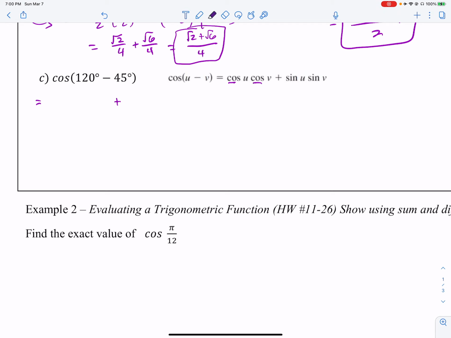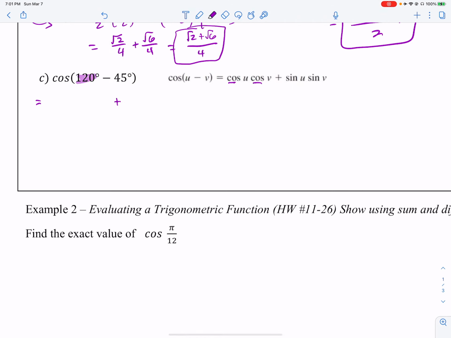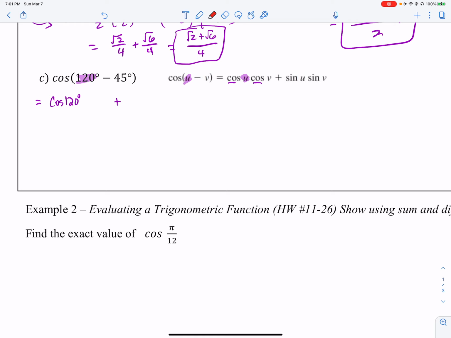And so it's going to be cosine of this first term, or cosine 120 degrees, and then times cosine of that second angle. When they're degrees, you should put degrees. And then it's addition.